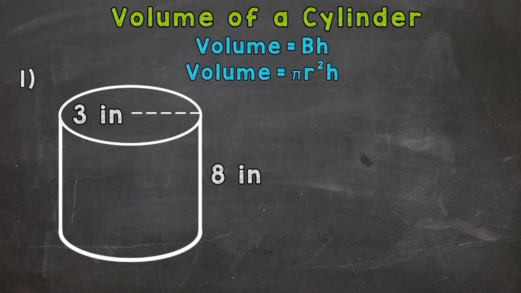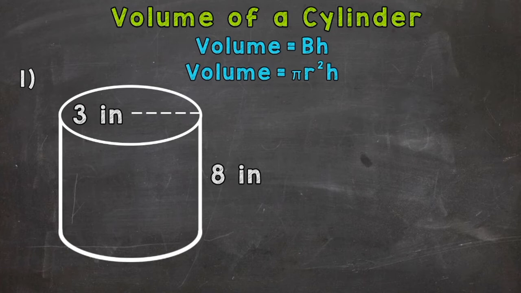Now we have two formulas at the top of our screen here. They look different, but they mean the exact same thing. So the top one says volume equals a capital B times H. So that capital B means the area of the base times H, which is height. Now the formula below that says volume equals pi r squared, so pi times radius squared times height.